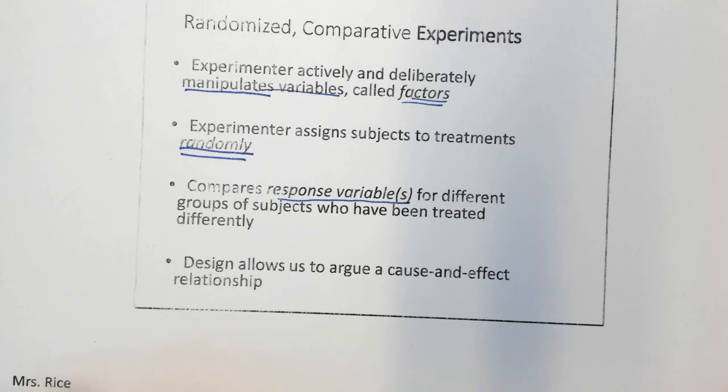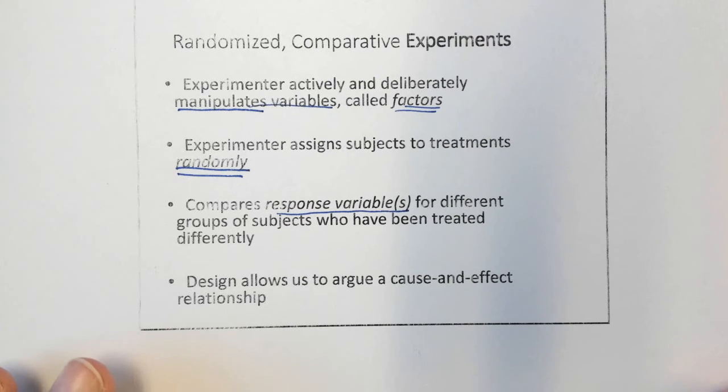And we're looking for an actual cause-effect relationship when we do this. So if we randomly assign treatments to groups, and one group gets supplements, the other one doesn't, and we find out that the ones who get B12 supplements had seriously less depression than the ones who didn't, then we actually now have a reason to argue cause-effect because we manipulated the variables.